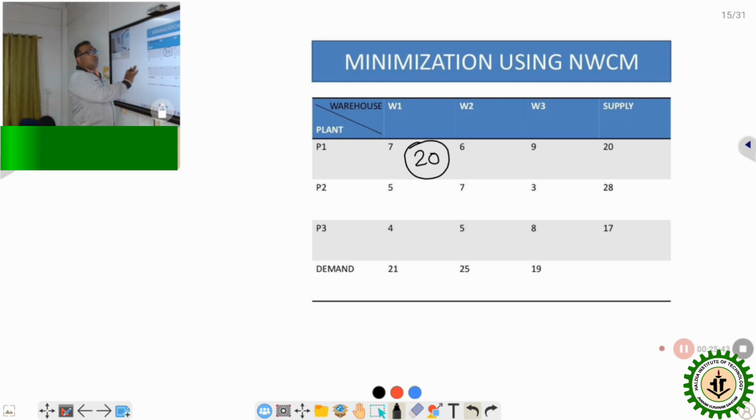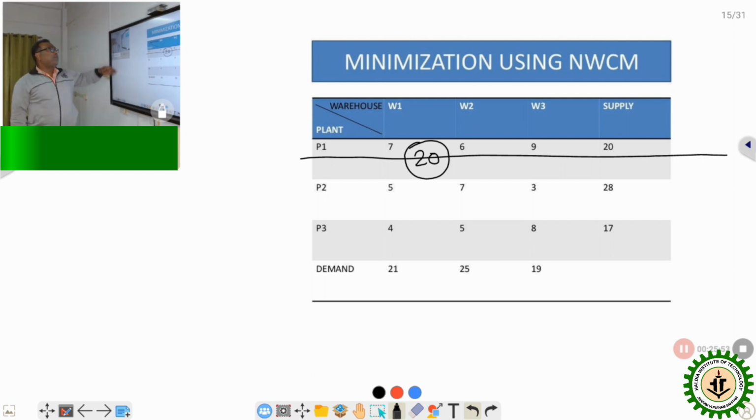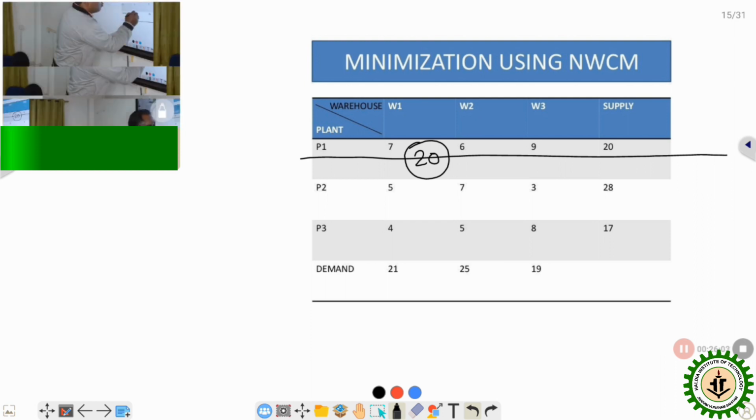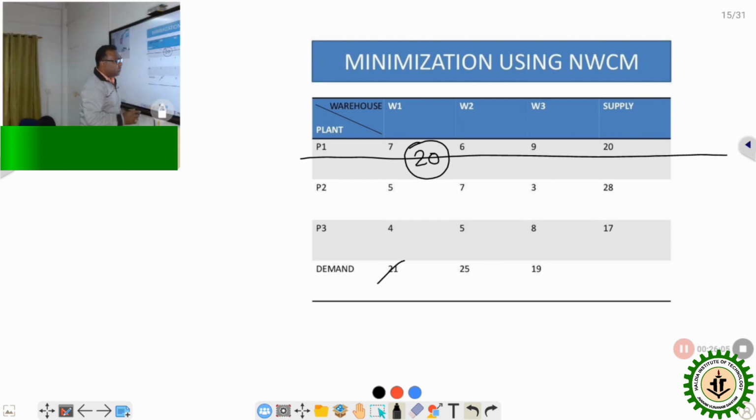So if we do this, we can see that we have completed all the available amount in the plant 1. So in our present picture, plant 1 is not present. But warehouse 1, 20 unit you have given, so 1 unit till they are demanding.